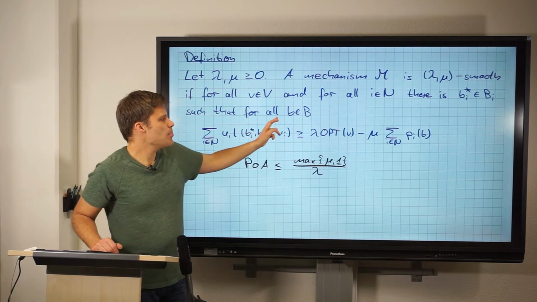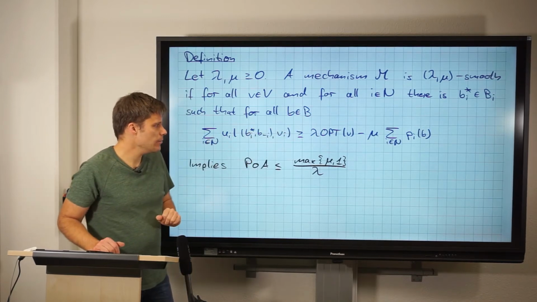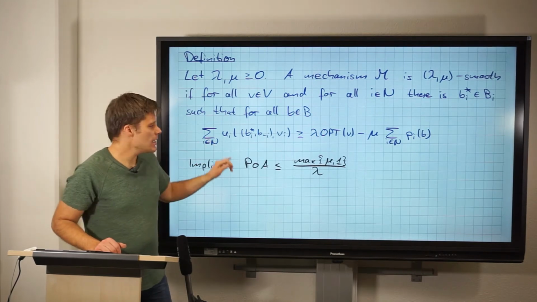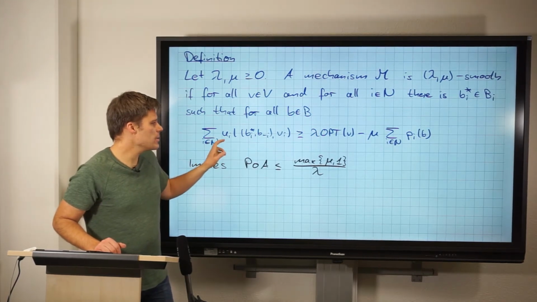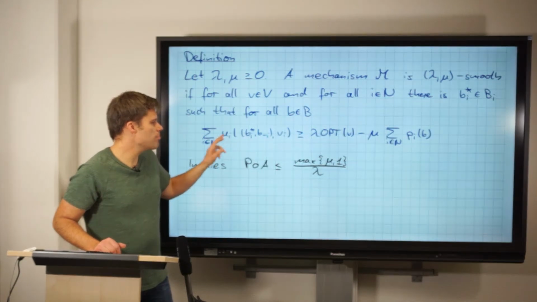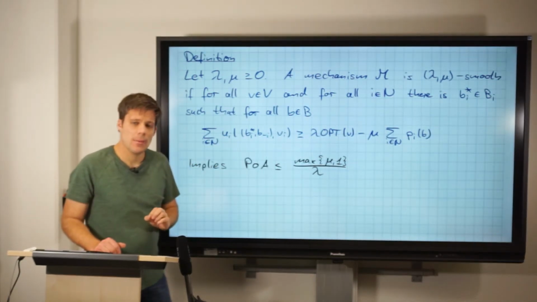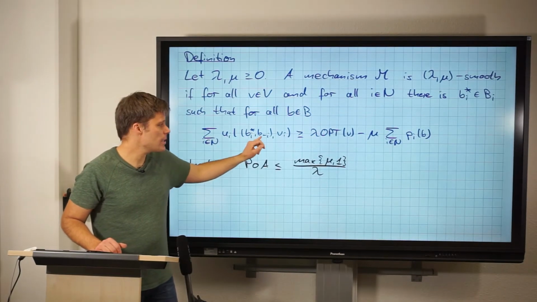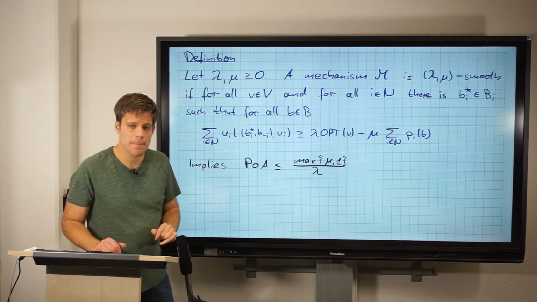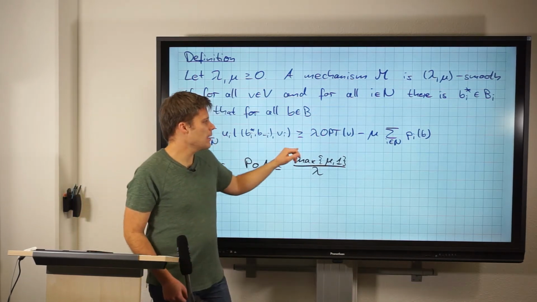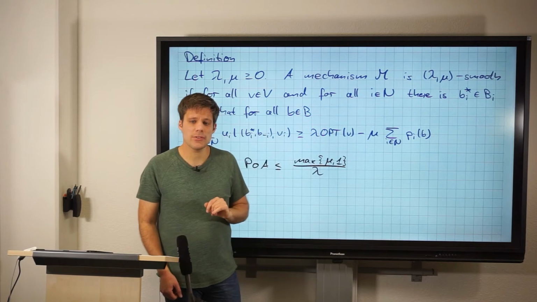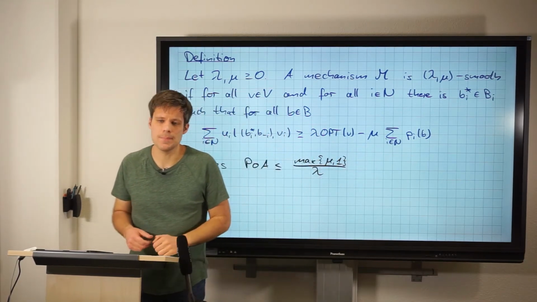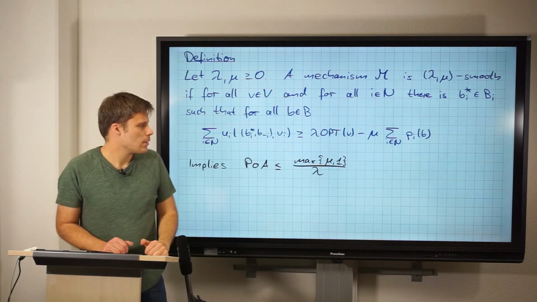For any bid profile B, this inequality is fulfilled. Take the sum over all bidders. What is this bidder's utility when this bidder is unilaterally bidding b_i star, whereas the others are bidding b_{-i}? This should be at least lambda times the optimal social welfare minus mu times the sum of the payments under B.